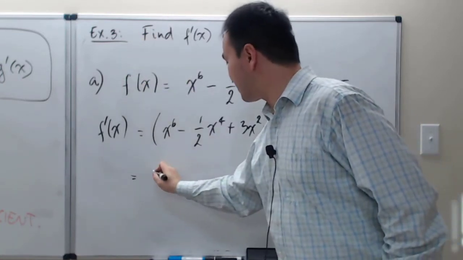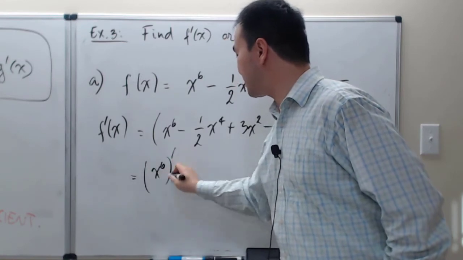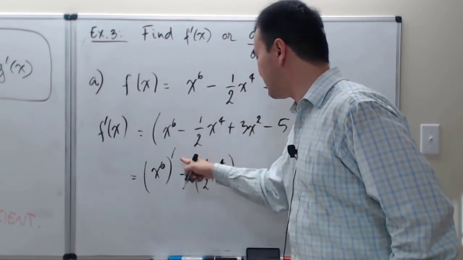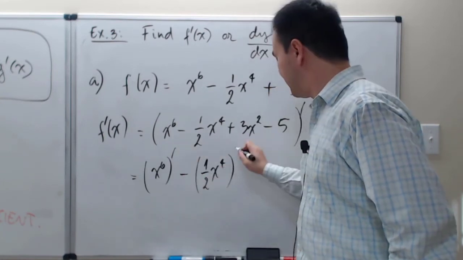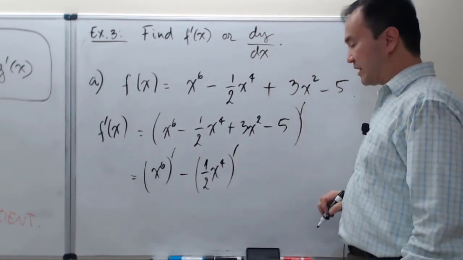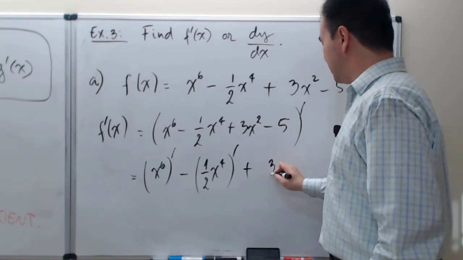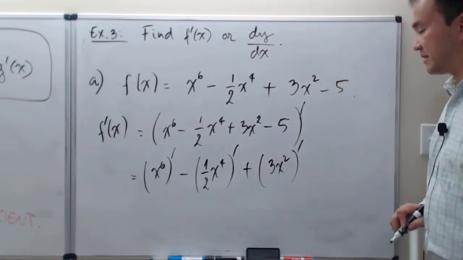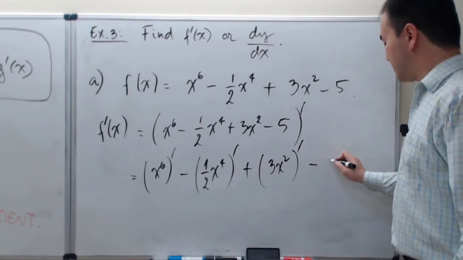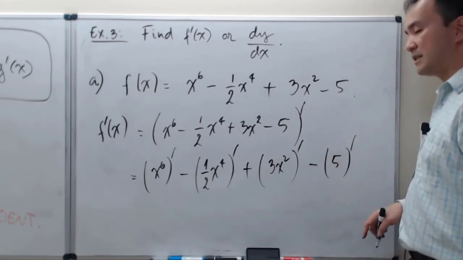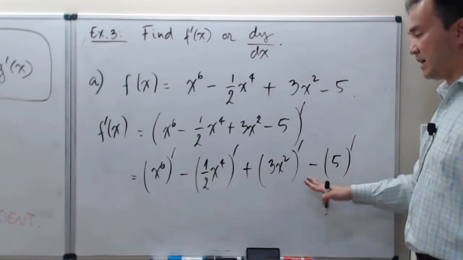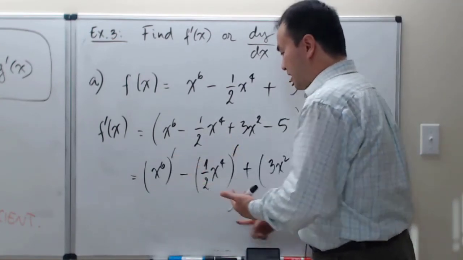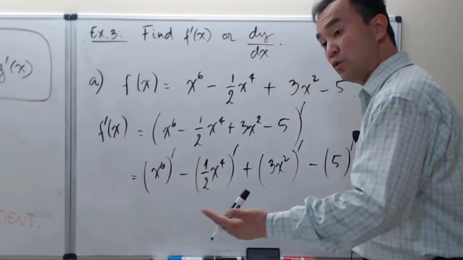And so x to the 6 as one separate derivative, minus 1/2 x to the 4th, there's another separate derivative there, plus 3x squared, all that here. There's another separate derivative, minus 5, another separate derivative. So right here, instantly, I was using the combination of difference and sum rules.